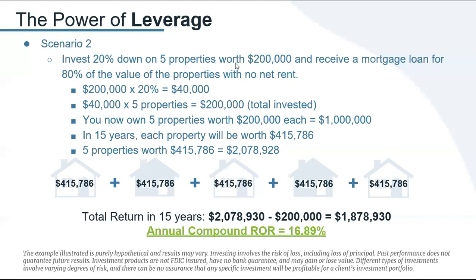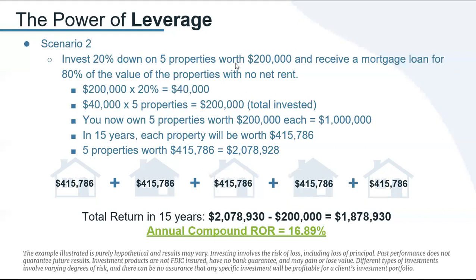And in 15 years, each property will be worth $415,786. So 5 properties worth $415,786 equals $2,078,928. So what that equates to is a 16.89% annual compound rate of return.